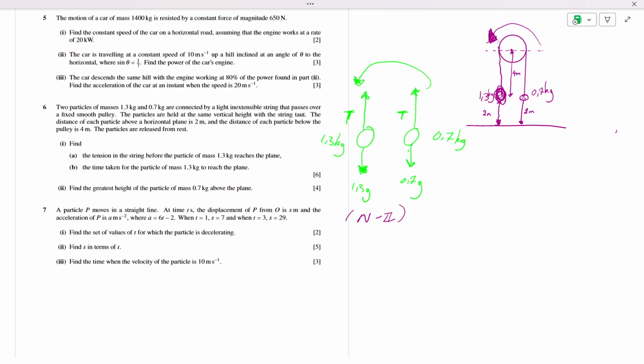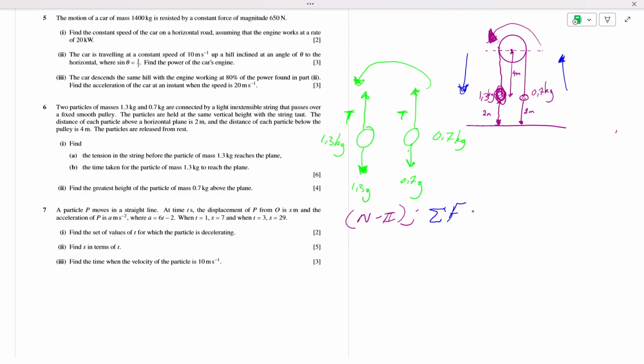So from Newton's second law, again, that's what I'm going to use, which says that the resultant force, in this case, we're going to have an acceleration when the particles are released. The 1.3 kg is going to move down. As this moves down, right, the 0.7 kg mass will be moving up when the particles are released.